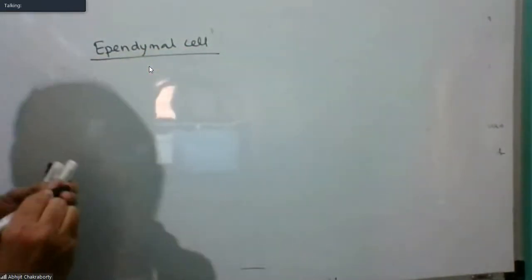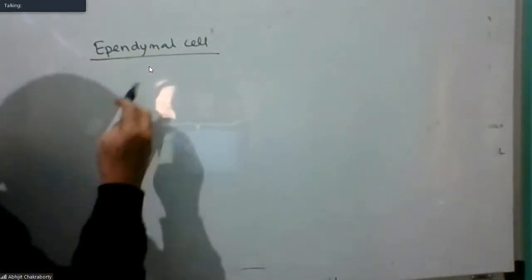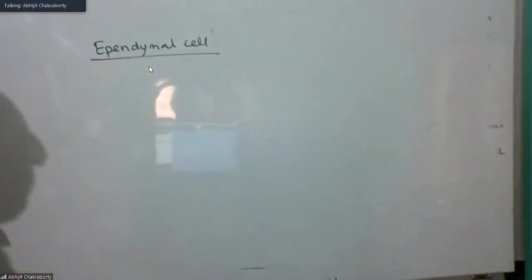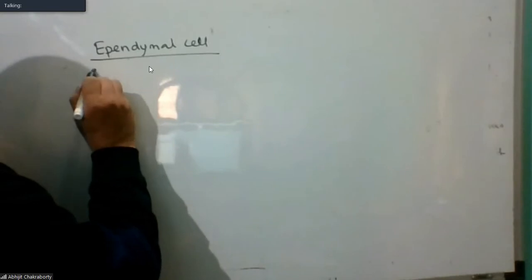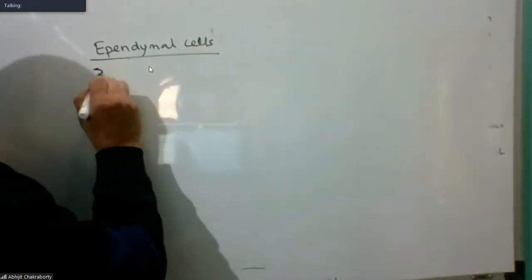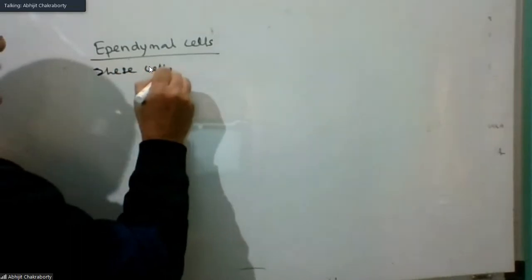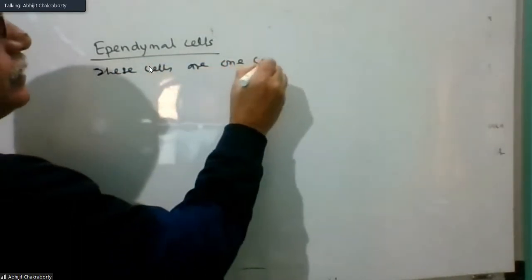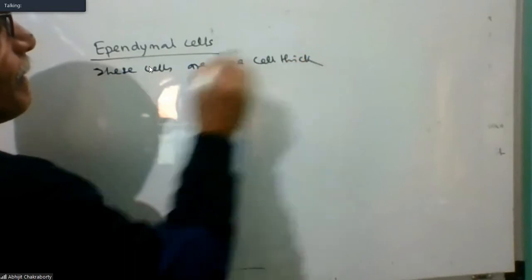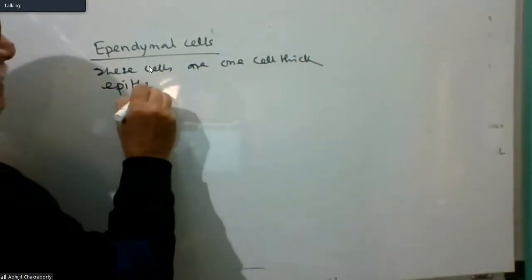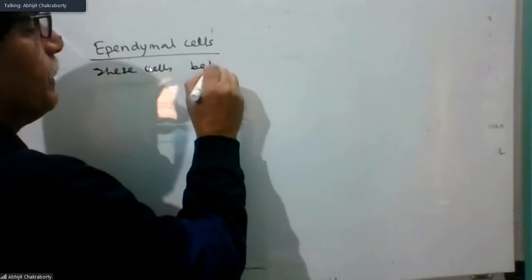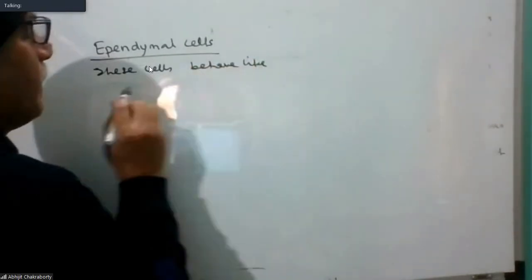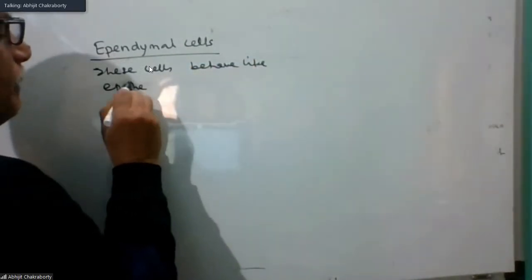Ependymal cell. These cells are one cell thick epithelial cells. Now these cells behave like epithelial cell.